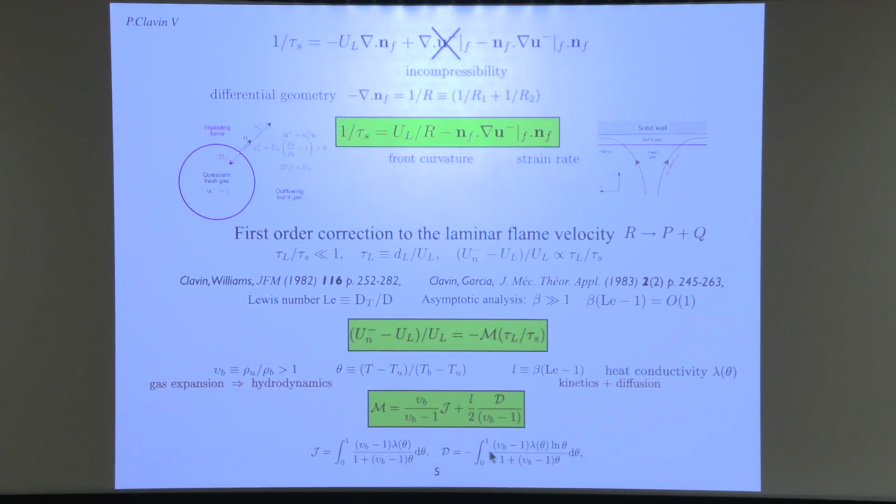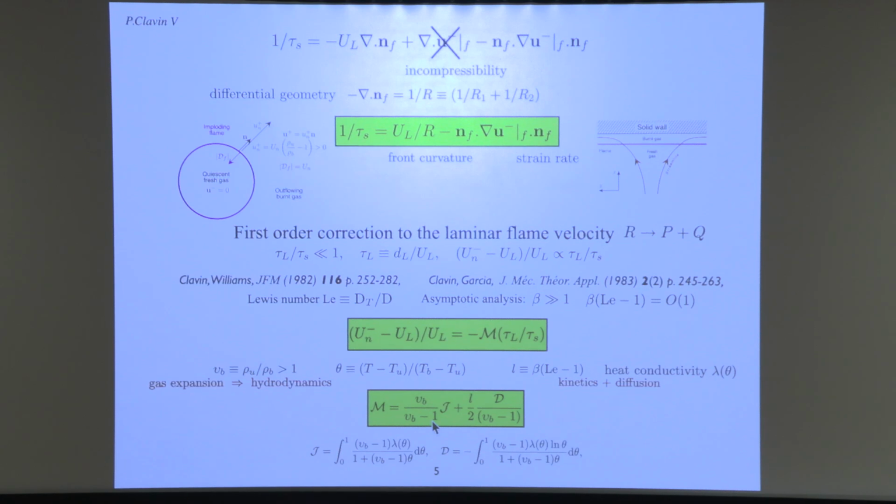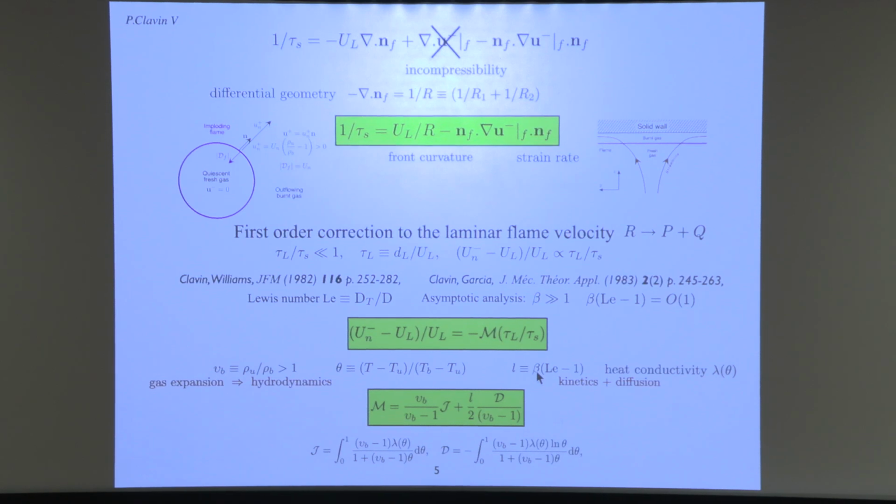This term here, D, and this term here, G, D or G, are constants characterizing the fluid mixture. Now, what is important here is the dependence on this number in the Lewis number. This L is the reduced Lewis number, the Lewis number minus unity, multiplied by beta.